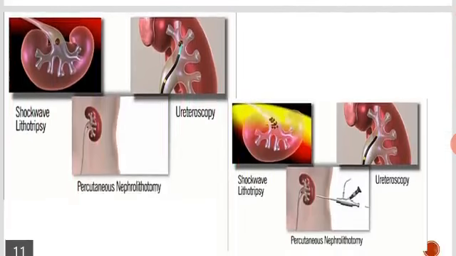These are the surgical methods used to recover from kidney stone. The first one is shockwave lithotripsy.